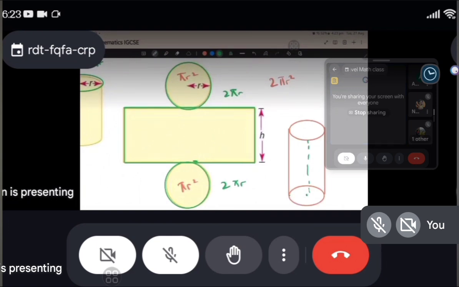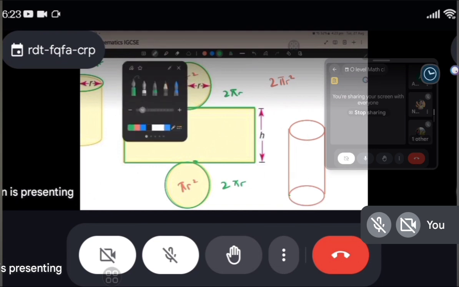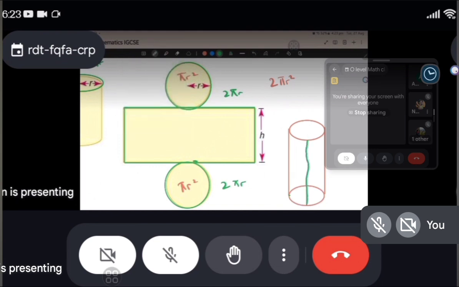Here is your center. And you basically cut through it from here till here.